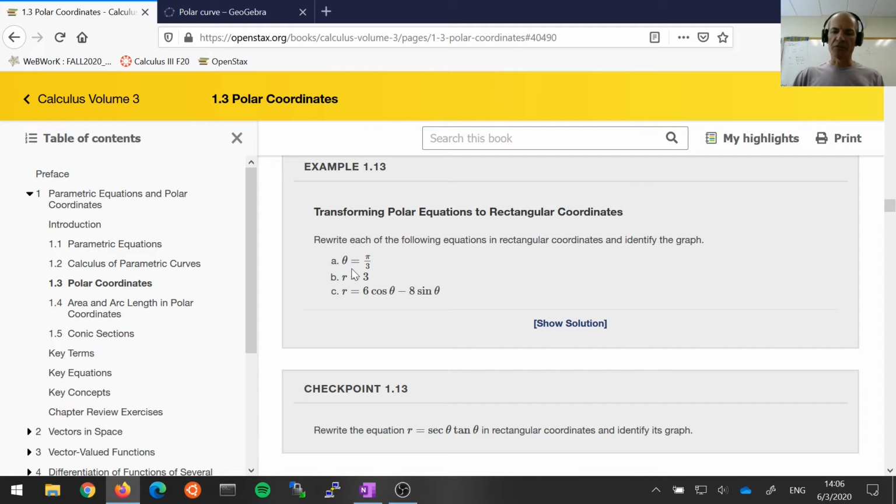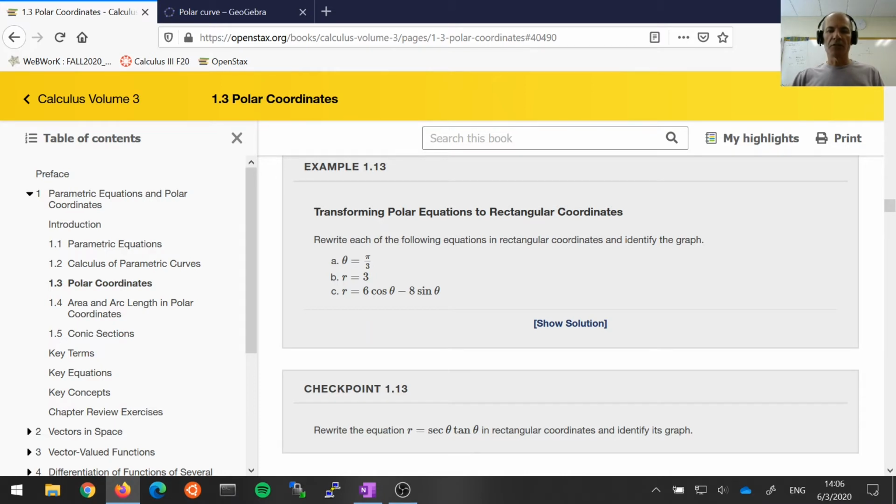Then, of course, you're going to want to simplify as much as possible in hopes that the transformed equation is somewhat familiar to you. Honestly, the only reason to switch from one representation to the other is to help you identify what the curve looks like.